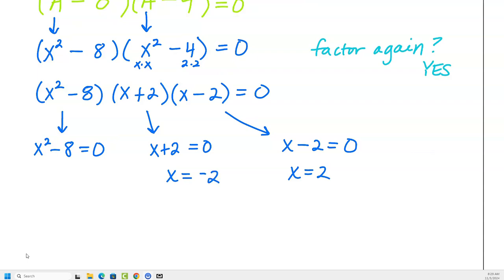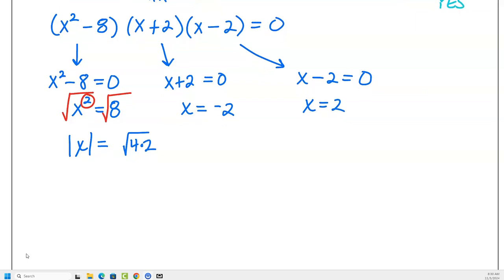Okay, and then for the first one, we have to do a little bit of work. I can add the 8 to both sides, so that gives me x squared is equal to 8. Then I can get rid of the square by square rooting. That's going to give me the absolute value of x is equal to the square root of 8. Isn't that 4 times 2? To get rid of the absolute values, put plus minus on the other side.